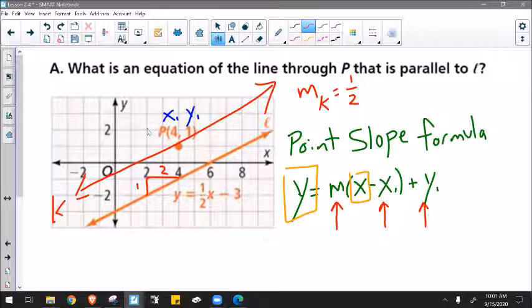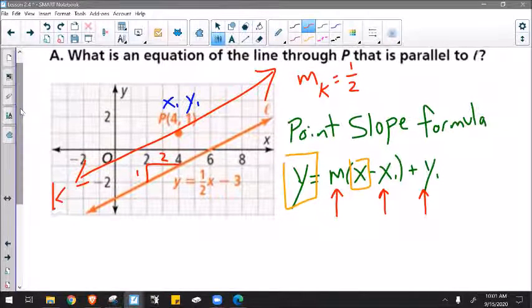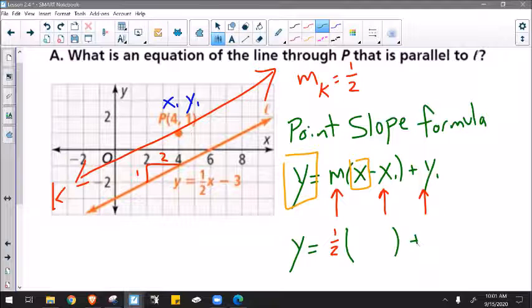So we can literally plug in everything we know. We know the slope was 1/2. So our equation is going to be y equals 1/2, and then keep everything else the same. The x stays x, the y stays y.